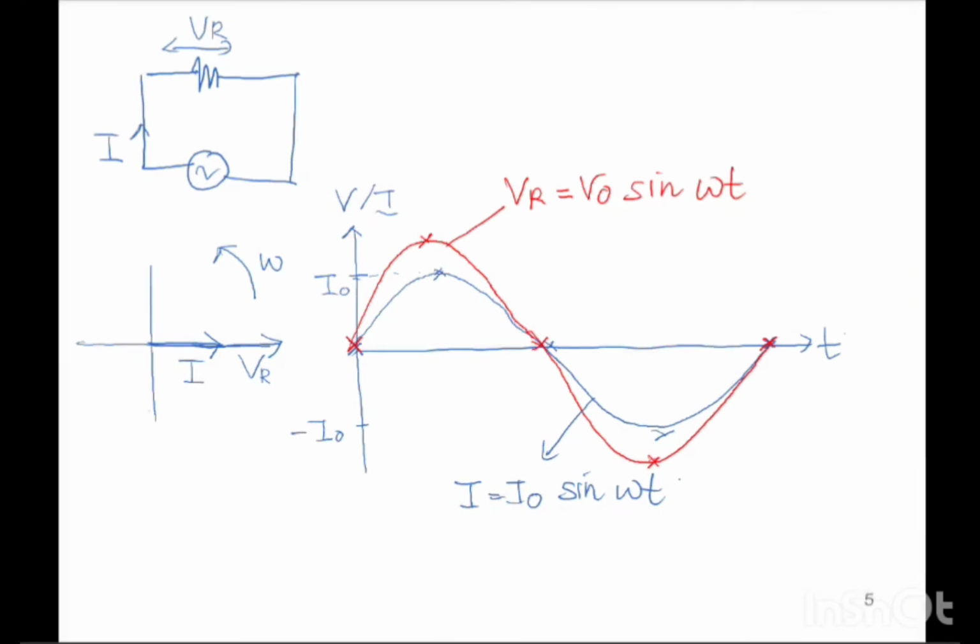The phase difference between V and I is equal to omega t minus omega t, so the phase difference between V and I is 0. This shows that V and I are in phase.